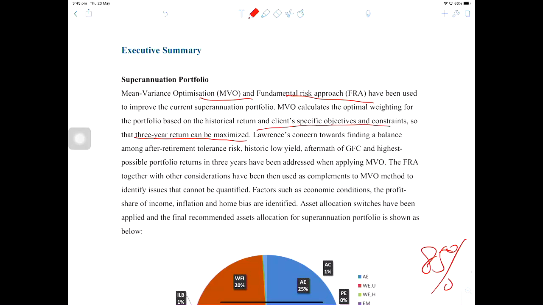And what's most important is this: the investors' concerns of the low interest rate environment and the significant impact from something like the global financial crisis are considered in their analysis.